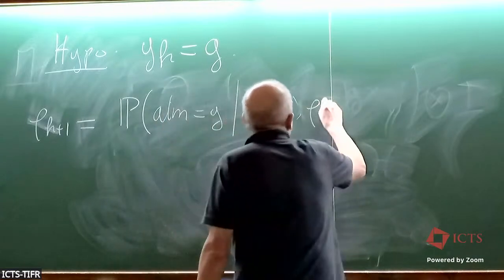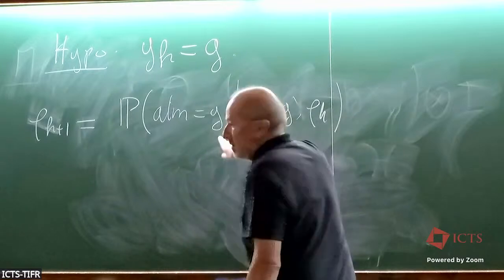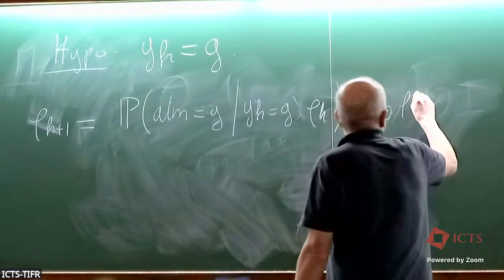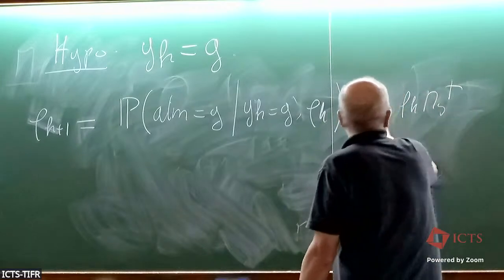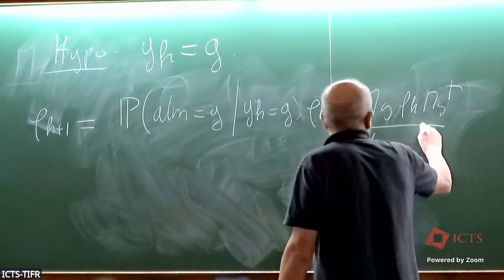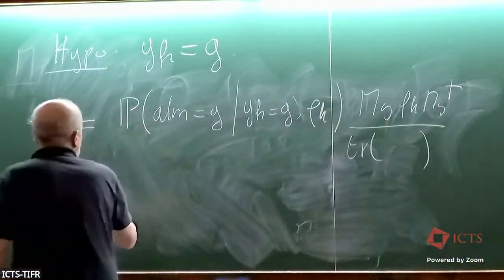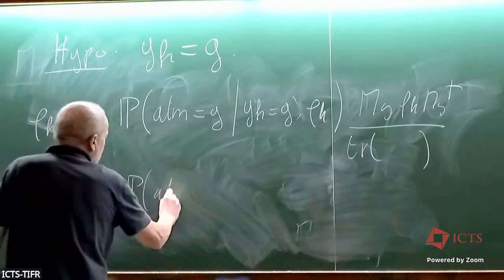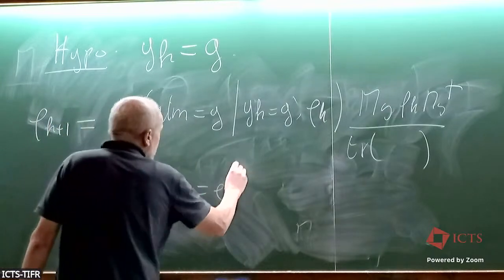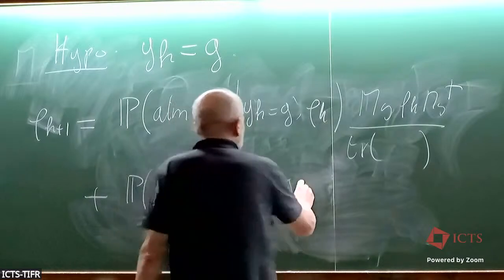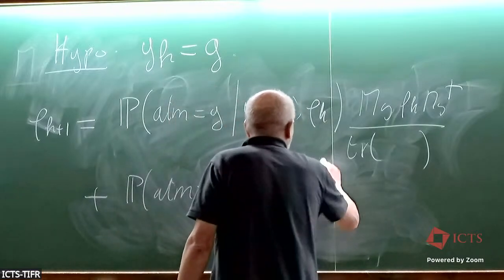If I have this probability, I have to take Mg rho k Mg dag over the trace, plus the probability that the atom is in E, knowing that I have detected G, and knowing rho k.